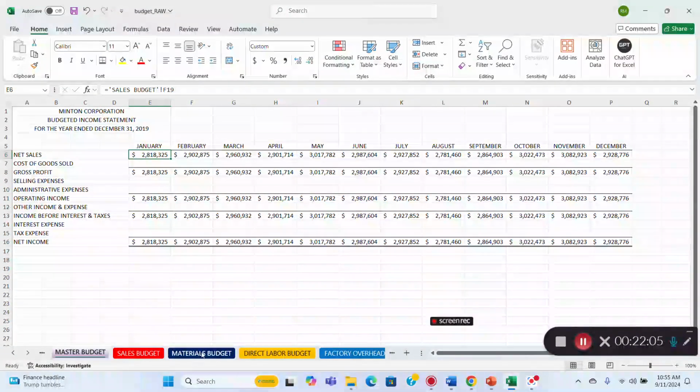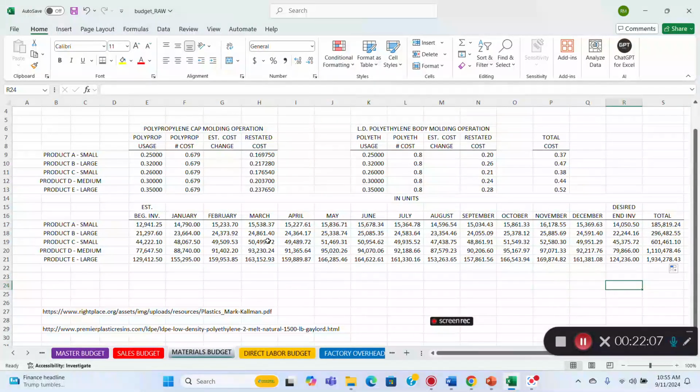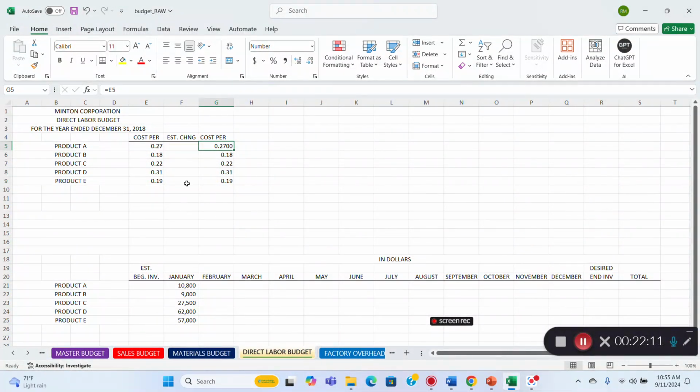Okay, so we've done materials now. There's your materials budget and direct labor. We'd have to come over here and say, well, here's the cost. We didn't anticipate any change in the cost of labor. And why not? Well, we said we weren't going to give an increase this year. It's really that simple.